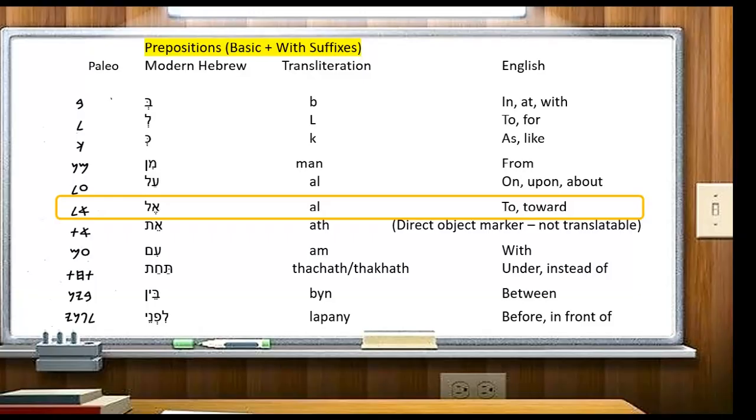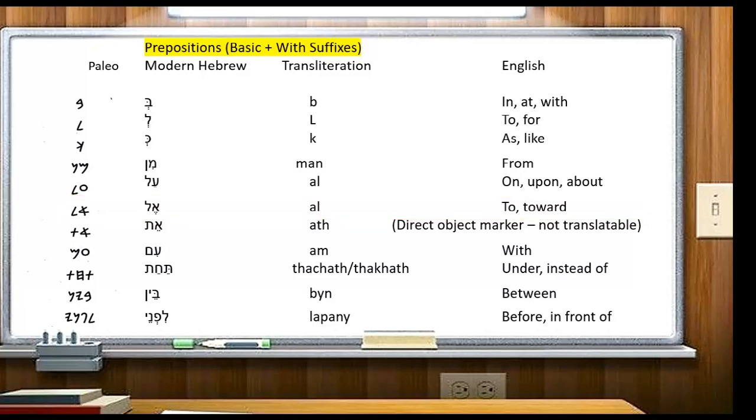Similar to the lamad, only l meaning to as well. We have alaf thou, which does not have a direct translation, but it's an object marker. It's usually used for emphasis.